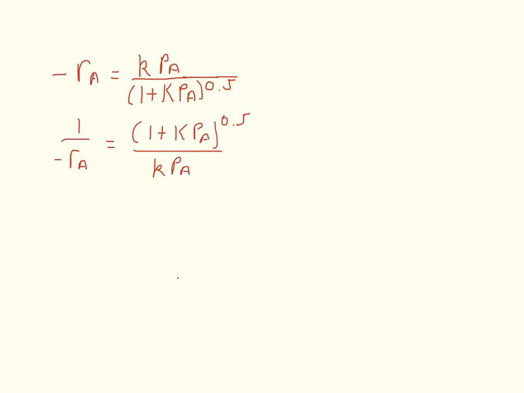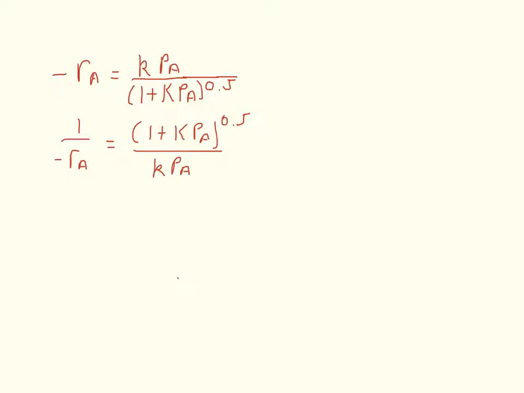Whenever you see a summation raised to some power, we want to get rid of that. If it was a squared term, we would take the square root. If it's a square root term, we take a square. So we can then square both sides of the equation.